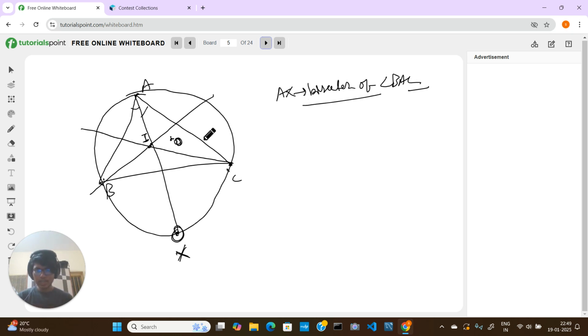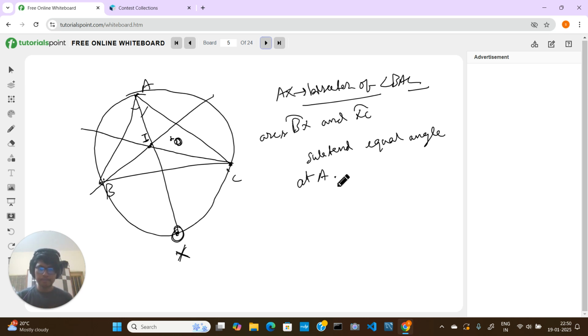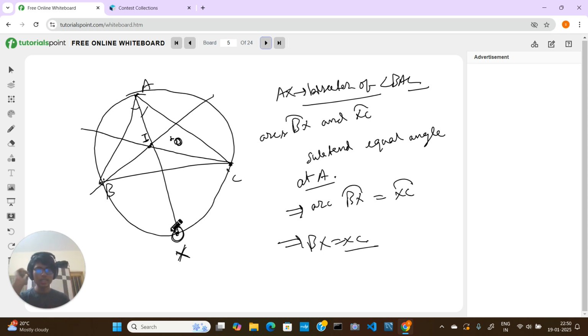AX is the bisector of angle BAC, so the arcs BX and XC subtend equal angles at A. This means arcs BX and XC are equal, so BX and XC are equal. Basically, X is the midpoint of arc BC.